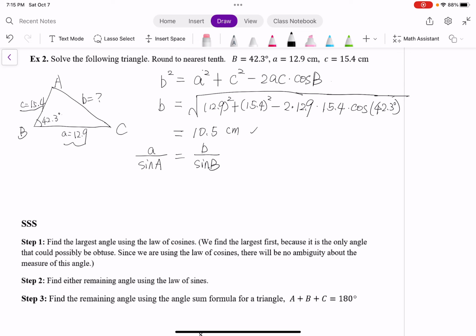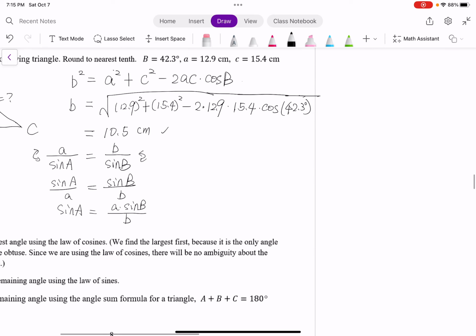Now I'm looking for sine A. Sine A is at the bottom. Let's flip it upside down. I'm having sine A over a equals sine B over b. So isolate the sine A. Sine A equals a times sine B over b.